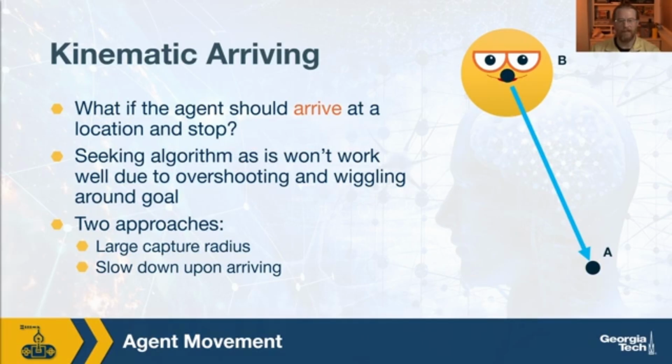So the difference here is that we want the agent to stop upon arriving. Now this introduces a problem if we don't make some adjustments to the algorithm. As the agent gets closer and closer to a target, so from B to A, that position vector is going to get smaller and smaller.